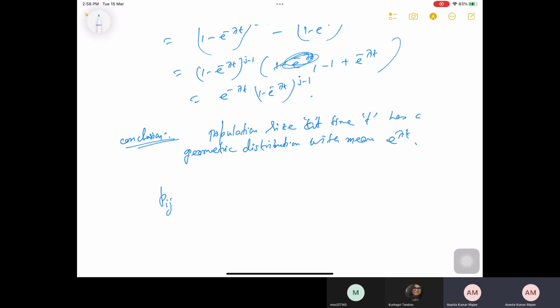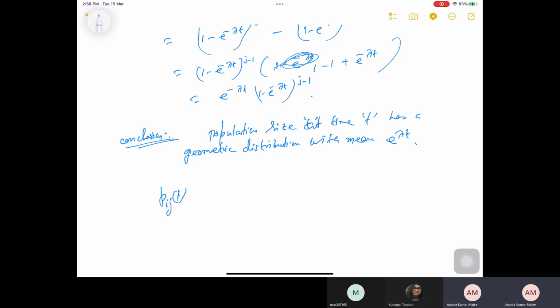So P_ij(t): if the initial number of the population is I, then the size at time t I can think of as a sum of I independent and identically distributed geometric random variables.